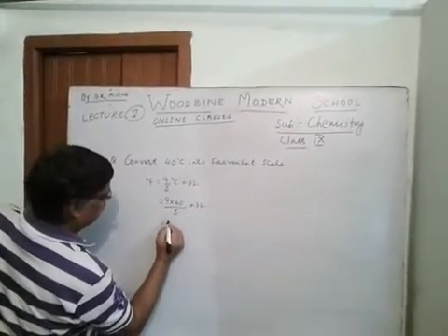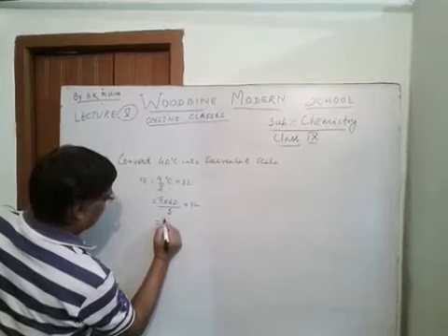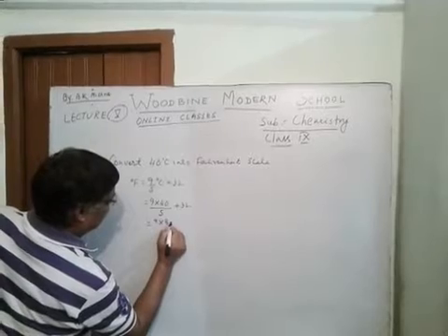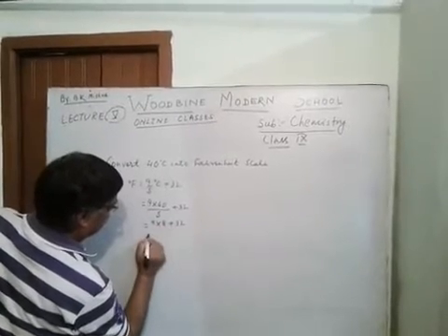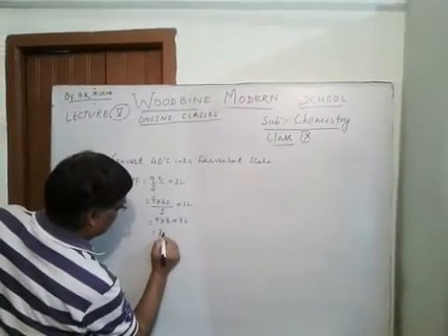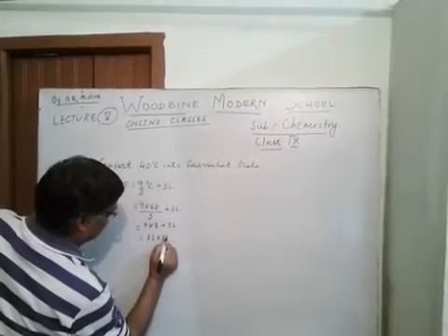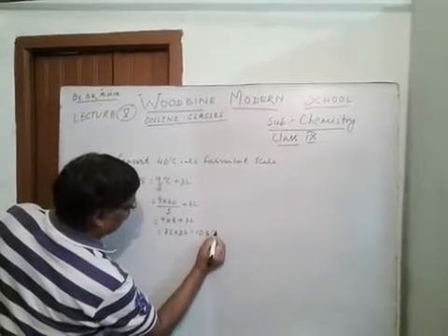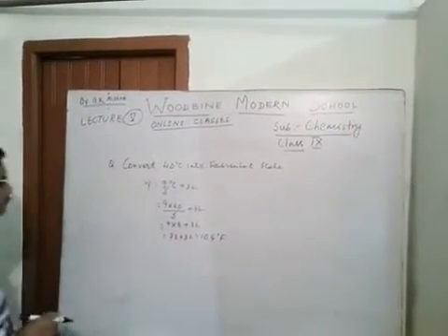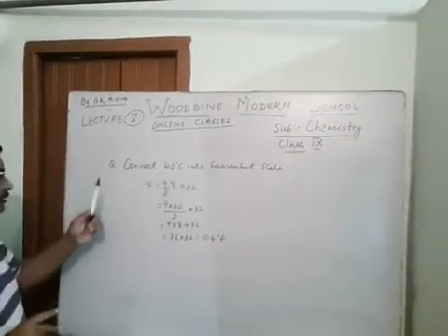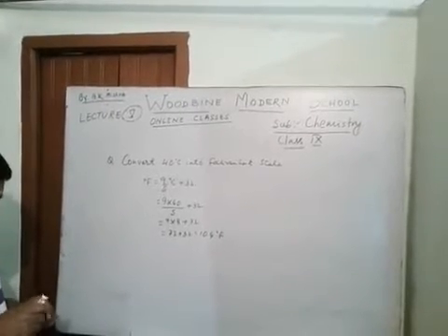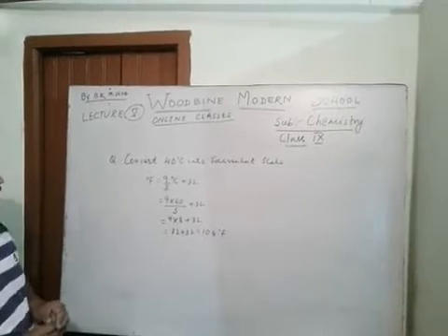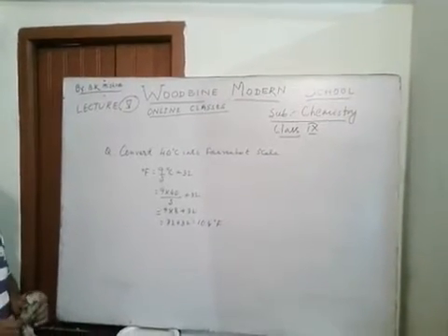This is 9 cross 8 is 72 plus 32. That comes out to 104 degree Fahrenheit. Now this was our last numerical, that is conversion of 40 degrees Celsius into Fahrenheit scale.